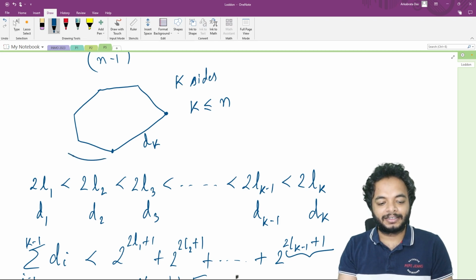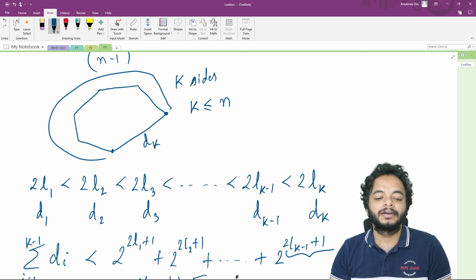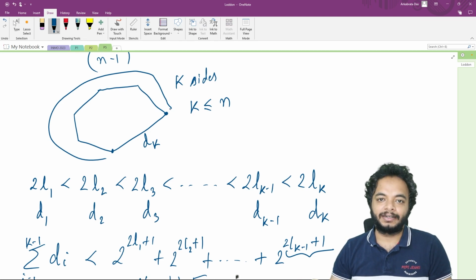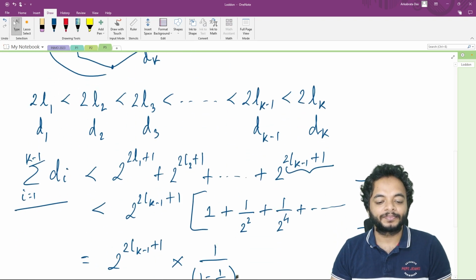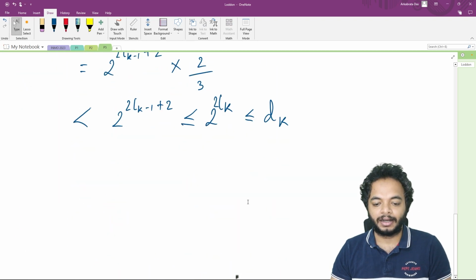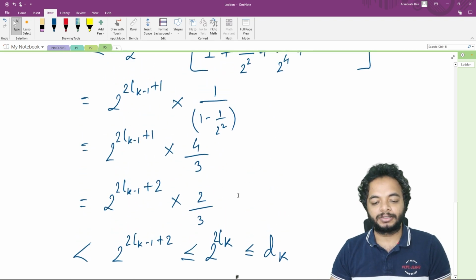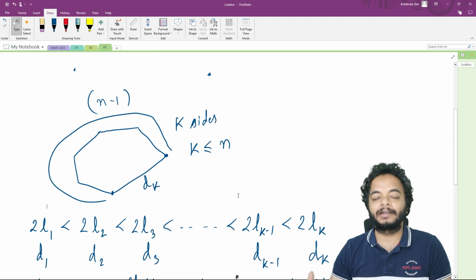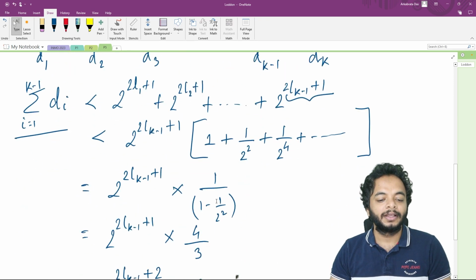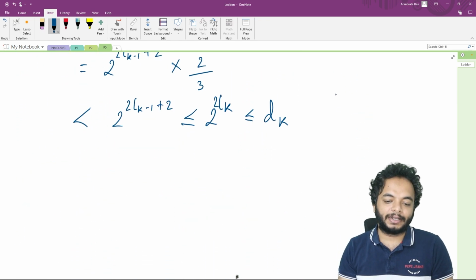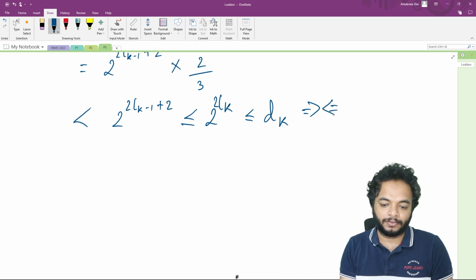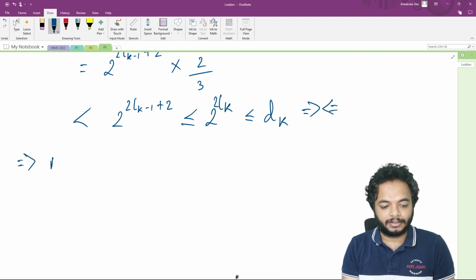That means the sum of the remaining sides would have been strictly greater than d_k, but the opposite is happening, and that gives us a contradiction. What is the contradiction? Our hypothesis was that there is a cycle of length k, and we are getting a contradiction, so this implies that there is no cycle.